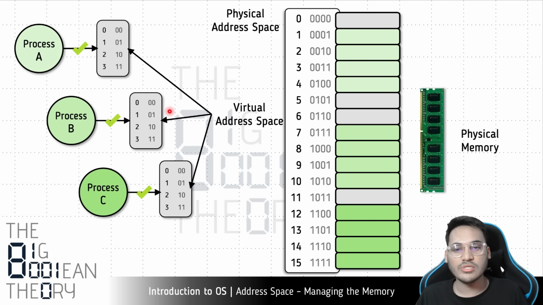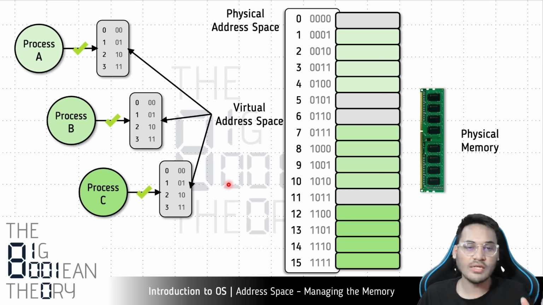And these address spaces are called virtual address spaces. The one that is associated with the actual memory, the physical memory, is called the physical address space, and the address spaces that are associated with the individual processes are called the virtual address spaces. Now let us see the relation between the virtual address space and the physical address space, and how the process can access its data via the virtual address space that has been allocated to it by the operating system.